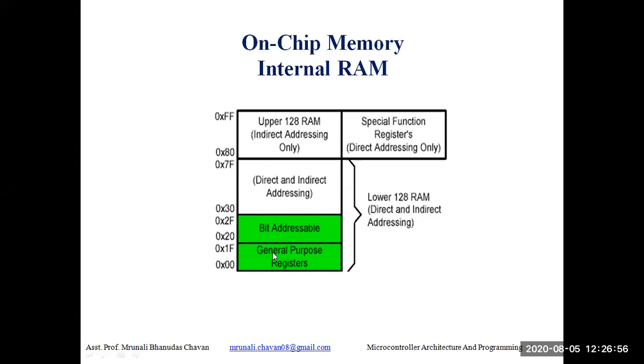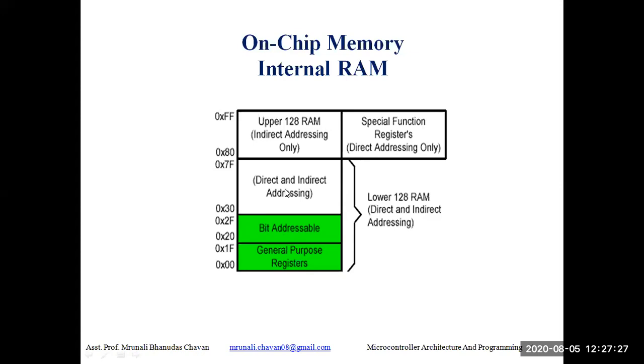First is the 4 register banks of 8 bytes each, that is, the general purpose registers. Second is a bit addressable area of 16 bytes, that is 20 to 2FH, and the remaining 80 bytes are scratchpad RAM or general purpose RAM area, that is from 30 to 7F.